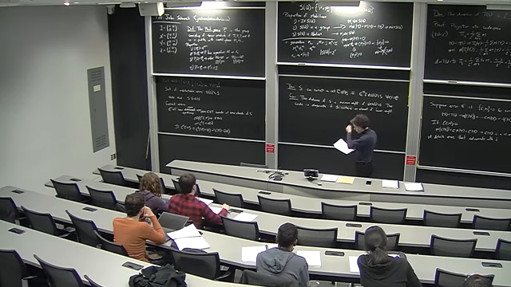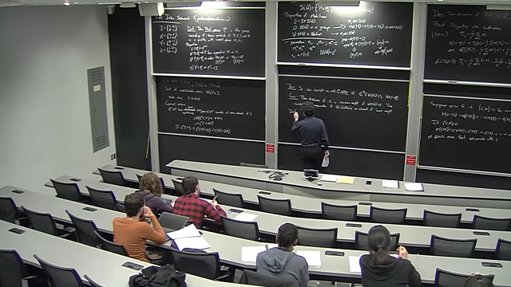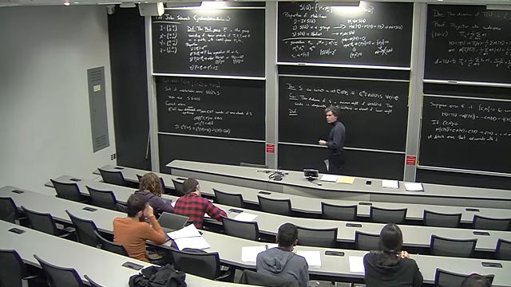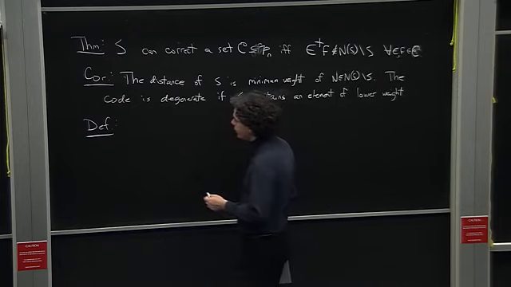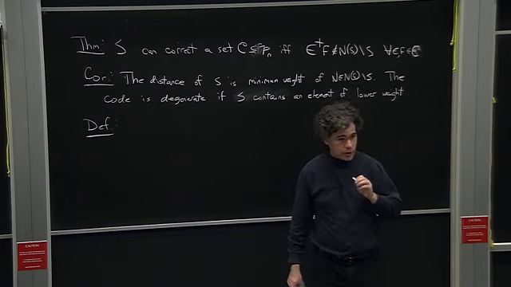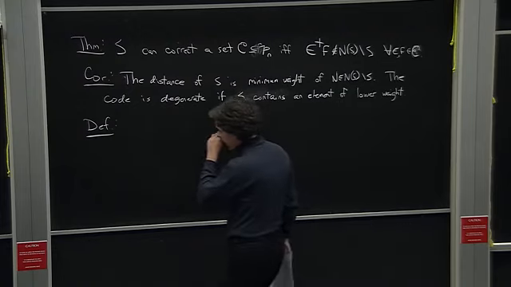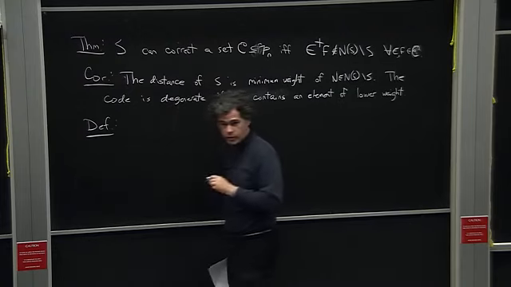OK. And so then some notation. So remember, for general quantum error correcting codes, we had this double parentheses notation. So for stabilizer codes, it's a little more specialized.